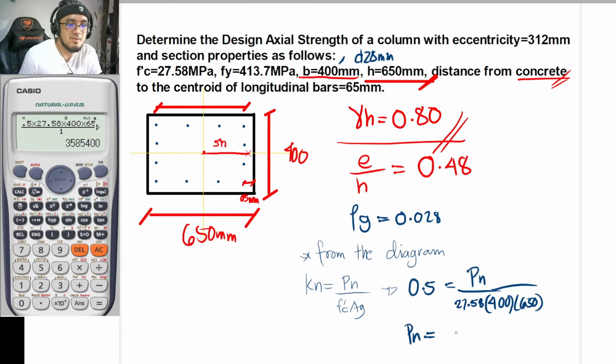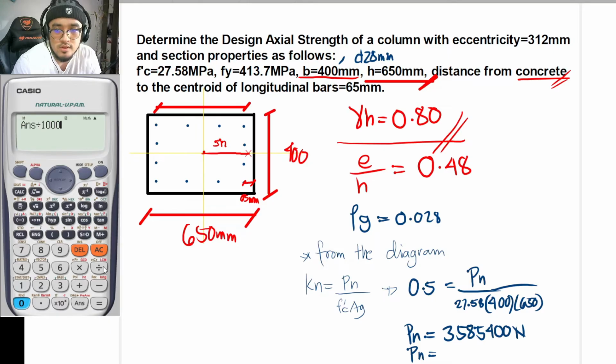So that is now to be equal to 3585400 newtons. So with that, if you want to convert this into kilonewtons, just divide this by 1000. So our Pn is to be equal to 3585.4 kilonewtons.